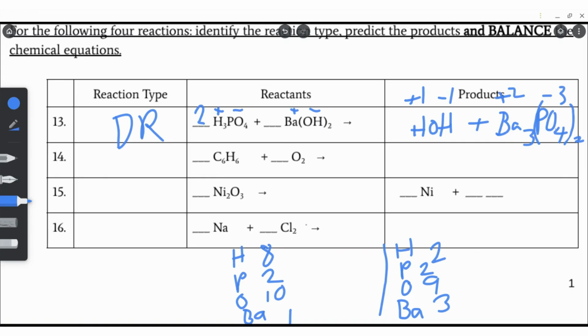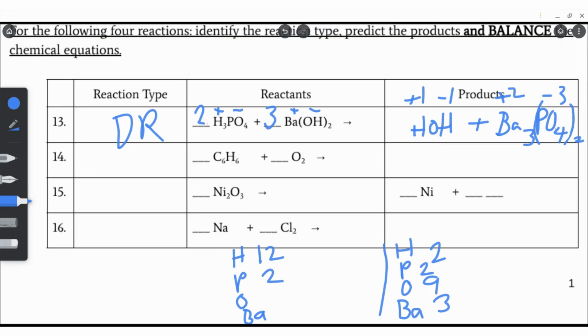Now I'm going to try to do the barium. I have 3 bariums in our products, so let's change that to be a 3 in front of that barium hydroxide. Now we have to recount our H's, our O, and our Ba. For H, we now have 6 as part of the phosphoric acid, and then we had 2 hydrogen and we just made that 3, so that 6 plus 6 is going to be 12.